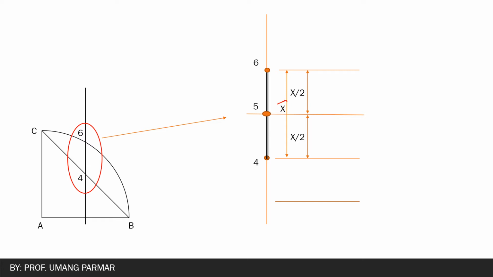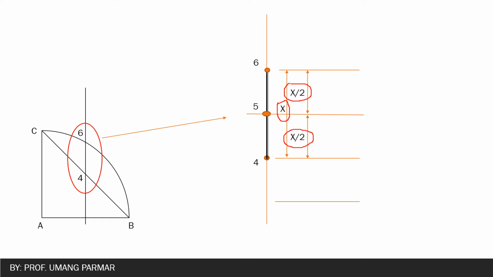Now we are dividing this x dimension into two parts, x by 2 and x by 2. That means we are making a horizontal bisector. We are just finding the middle point of 6 and 4, and the name will be 5. So from 4 to 5, the distance will be x by 2.